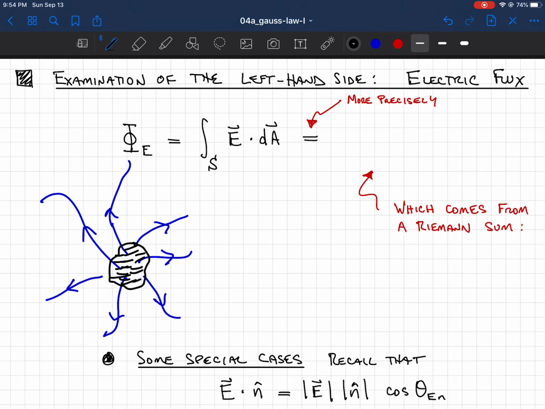Any sort of vector field, you can talk about the flux through a surface. So the flux of the electric field through some surface S, I won't worry right now about it being a closed surface, let's just say any surface, the flux of the electric field is written like this. That's what came out of that theorem. But in fact, this is really just symbolic notation. So it's better to understand exactly what that dot product means.